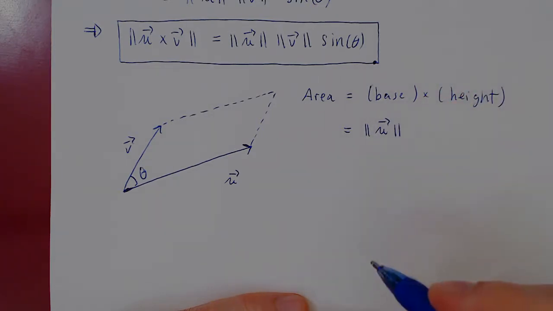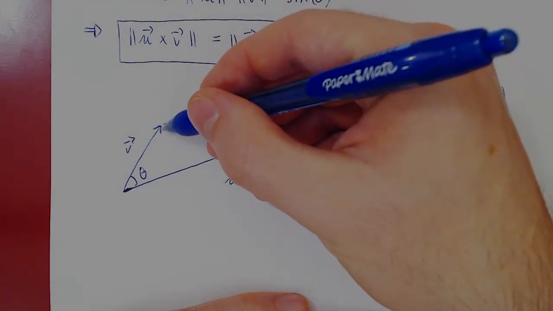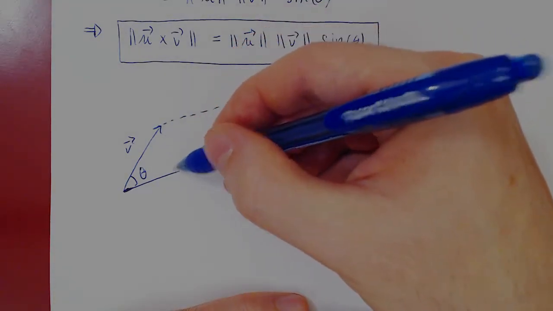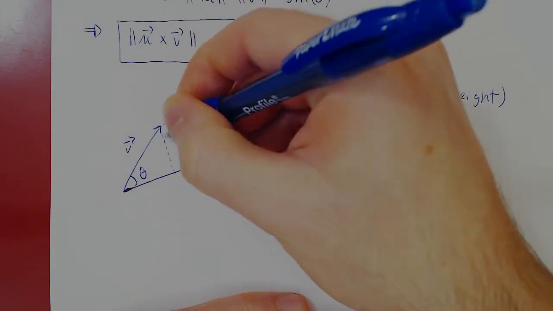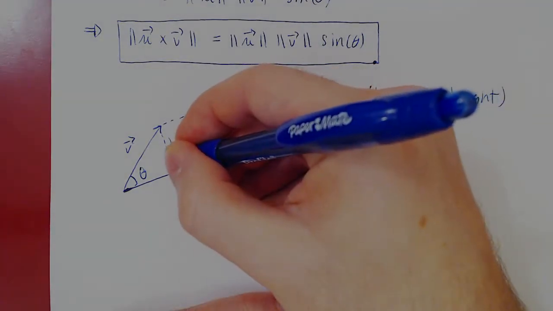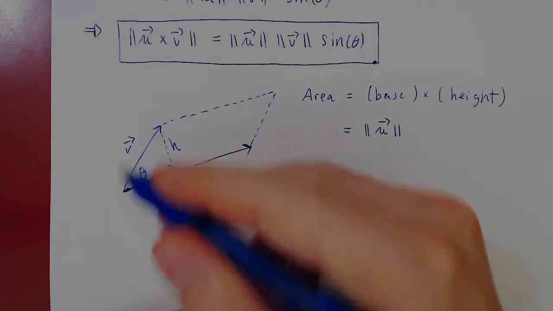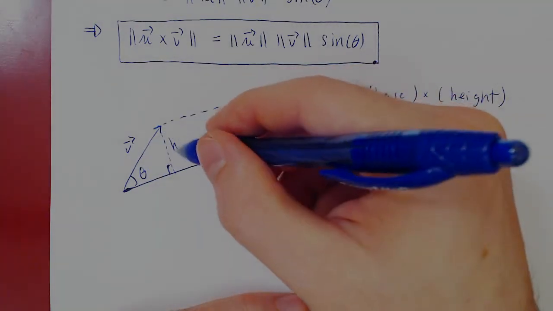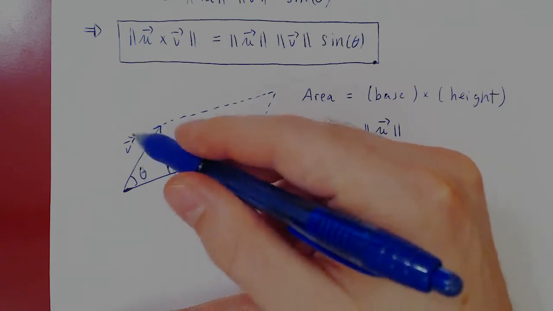What about the height? Well, the height would be the line segment connecting the endpoint of vector v onto vector u, of course, in a perpendicular fashion. This is not the height of our parallelogram, but if you notice, we now have a right triangle. And we want the height of the triangle. We have the angle between the two segments, and we have vector v.